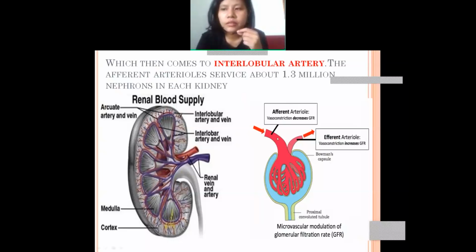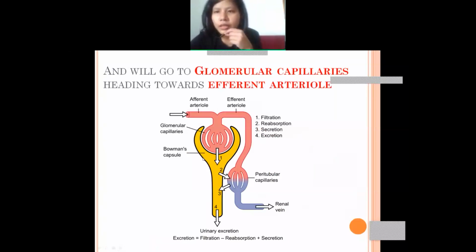So the first part which you will find is the afferent arteriole. Inside the afferent arteriole, the blood will go through in each side of the kidney, that is the right side and the left side. After the afferent arteriole, the blood will go and pass towards the glomerular capillaries. This is the glomerular capillaries.